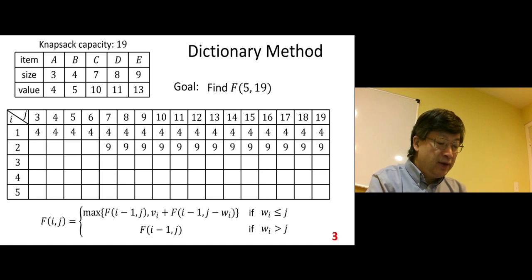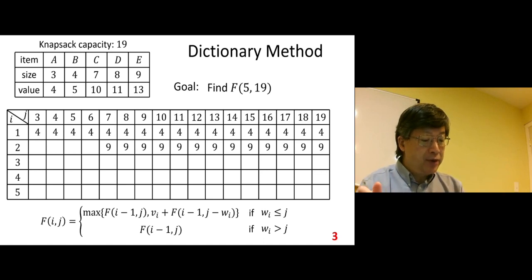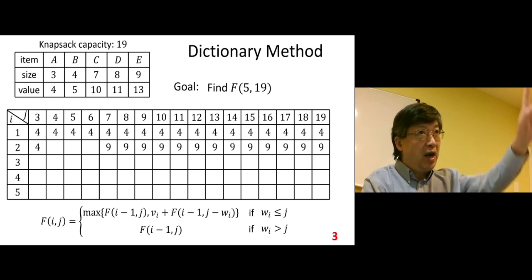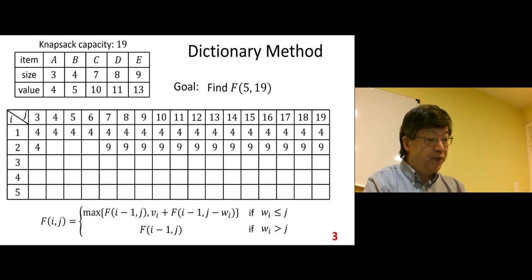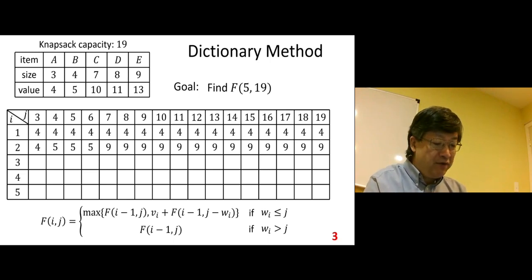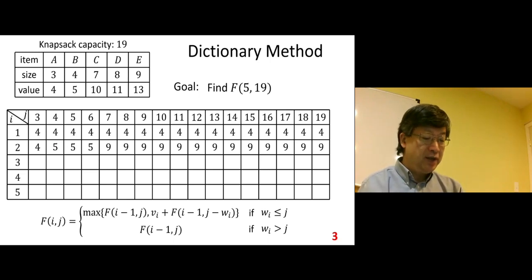Then for the small numbers, if the knapsack size is 3, you can only put item 1, so the value is 4. Otherwise, for 4, 5, 6, you can only put the second item. So value 5. All right, the first 2 rows, very easy.